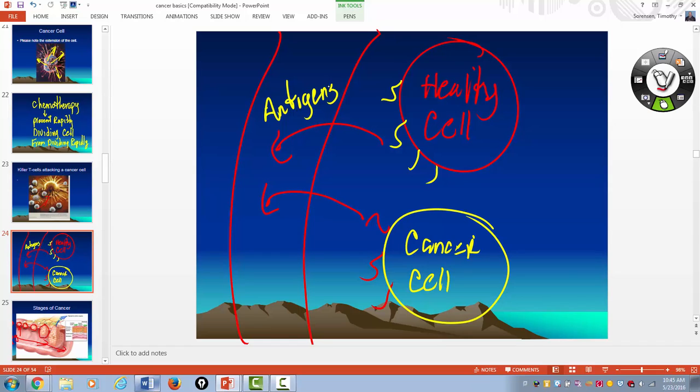Now, because a cancer cell divides rapidly and doesn't mature and develop those recognition receptors, as the cancer cells increase in number, the amount of this antigen is going to go up in the blood. So what they do is they look for that particular antigen.